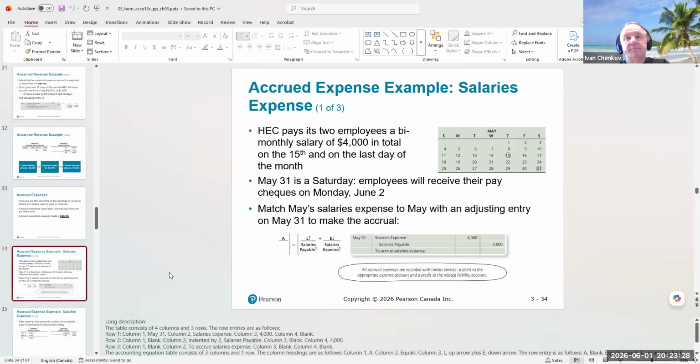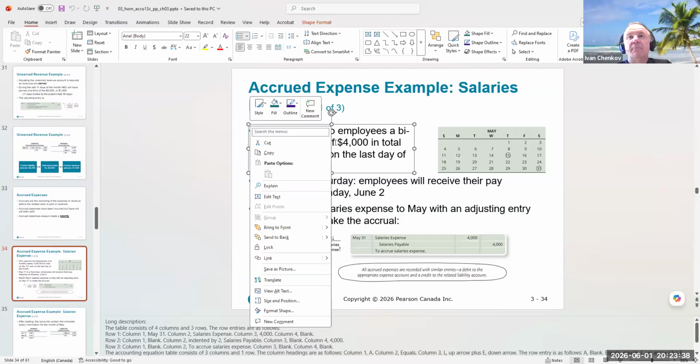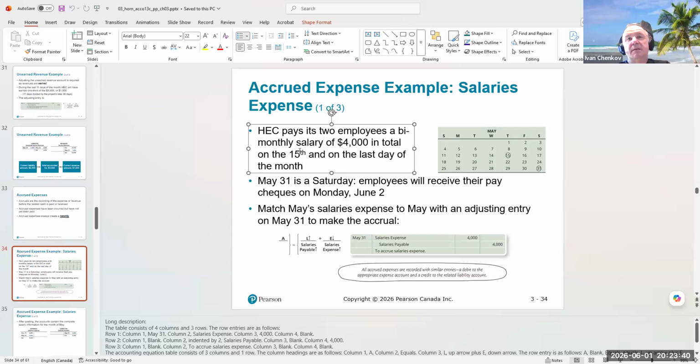This company, they have employees, they're working. They're paying the employees bi-monthly, salary of $4,000 in total. Every month, 15th, 4,000, 31st, 4,000.